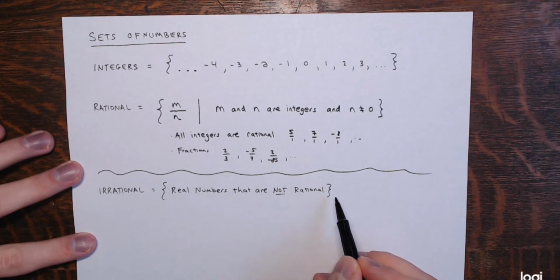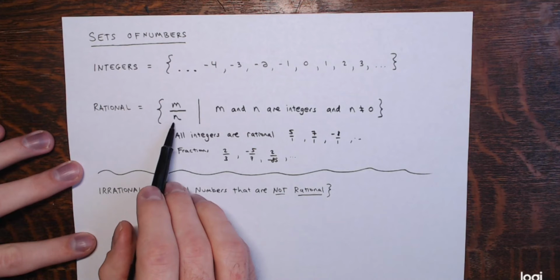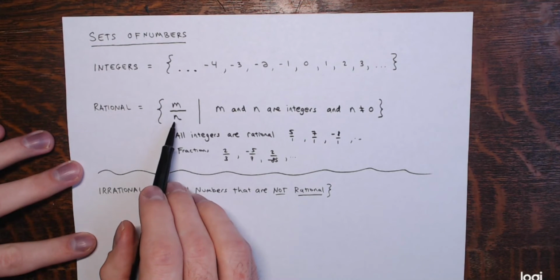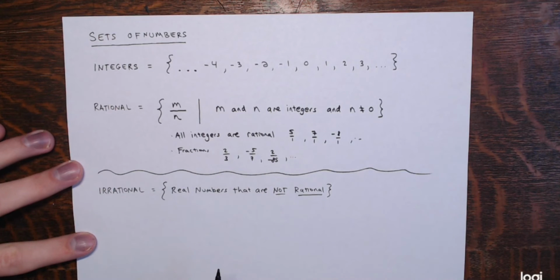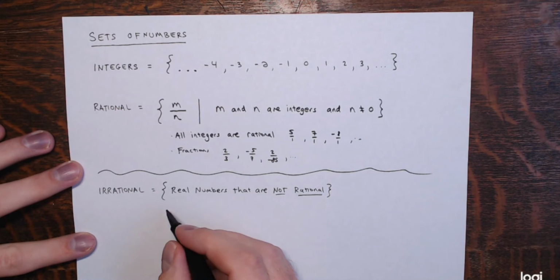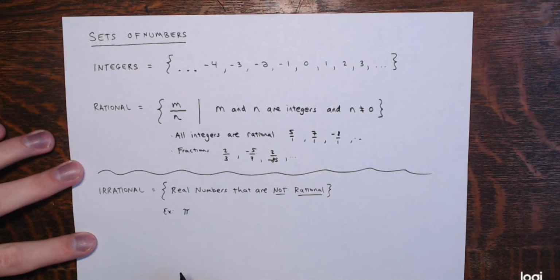So if they're not rational, what does that mean? That means they can't be expressed as a ratio of two integers. I can't write it as 2 over 3 or 5 over 9 or whatever. So some examples of irrational numbers: pi, probably heard of pi before. 3.14159, blah, blah, blah, right?